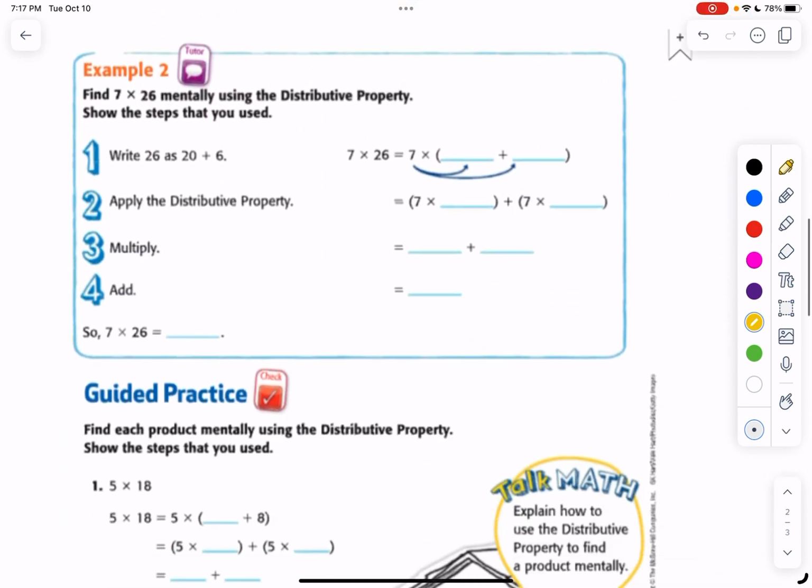Let's look at example number 2. Find 7 times 26 mentally using the distributive property. So we'll show the steps of what we're doing in our brain. We're going to break up 26 into its place value parts, which would be 20 and 6, because there are 2 tens and 6 ones.